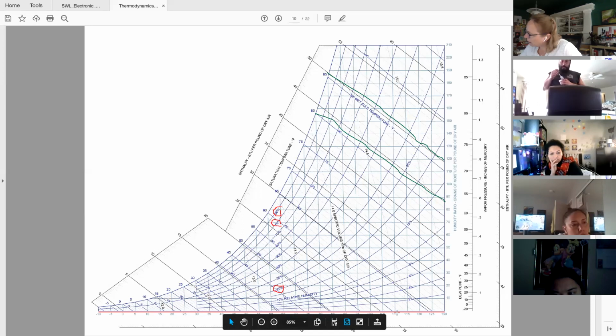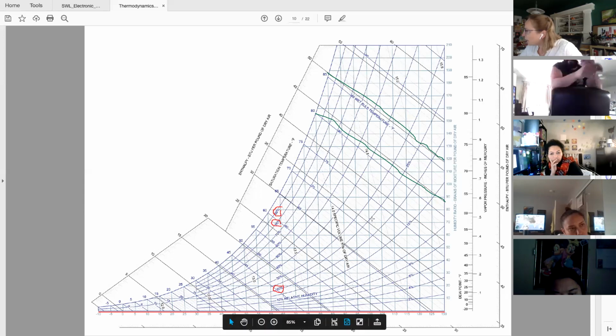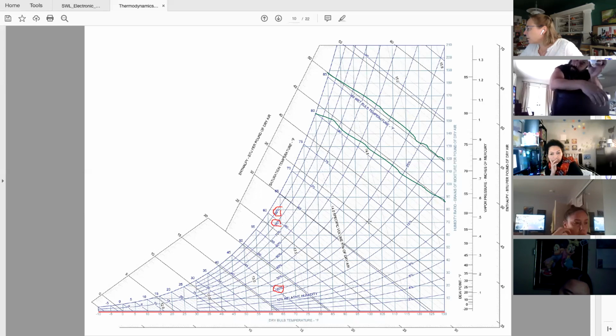So the wet bulb temperature, say it's 110 and 25, actually let's get down to 100 at 25% relative humidity. The air temperature is 100, but the relative humidity is 25. The wet bulb temperature is just over 70.